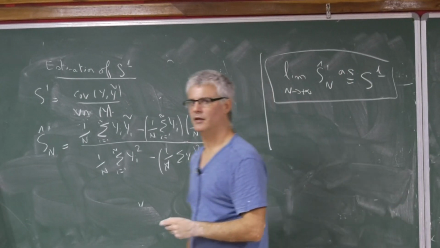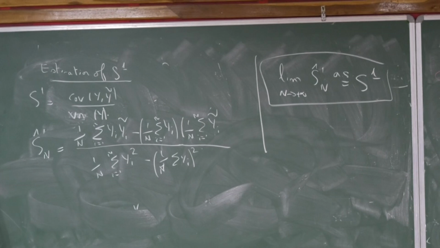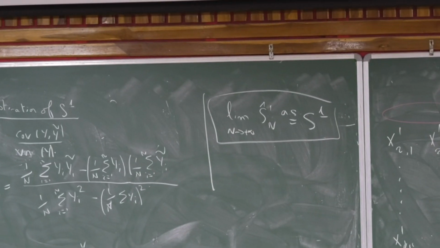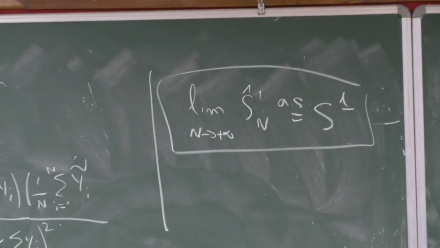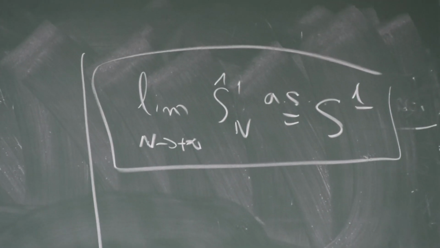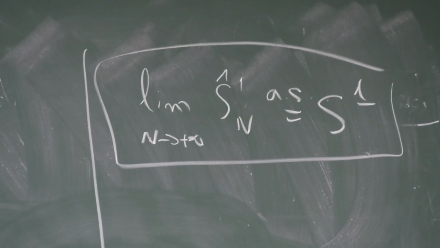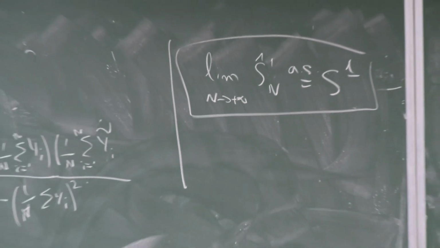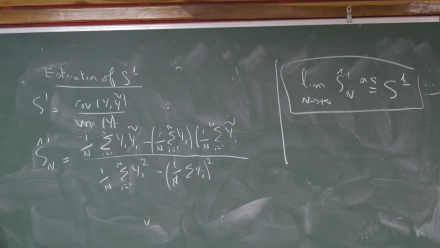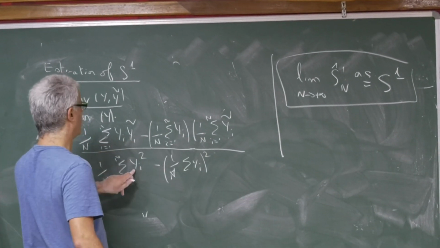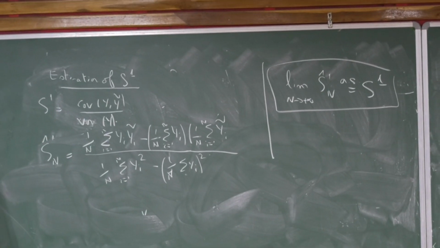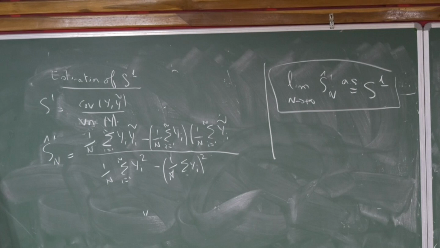The first thing I'm saying is that my estimator goes to S1 almost surely. Why is it true? Because of the continuous mapping. Yes, more than that. It's because of the strong law of large numbers plus the continuous mapping theorem. You apply the strong law of large numbers 5 times, and then you apply the continuous mapping theorem, and you have the result. Okay. So this is easy.